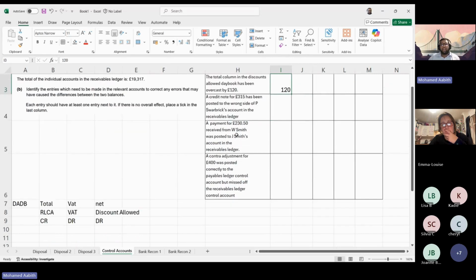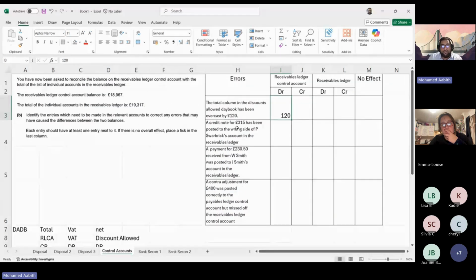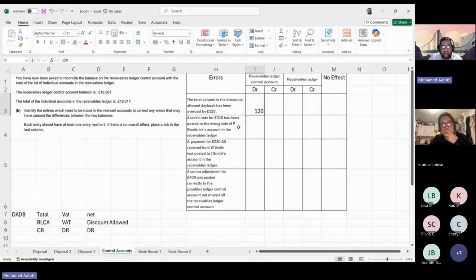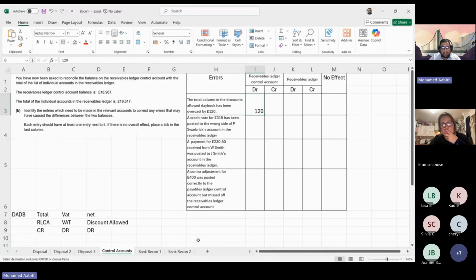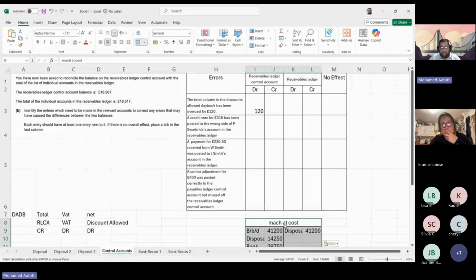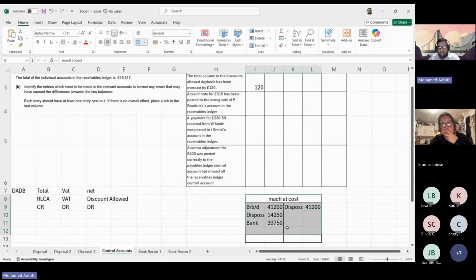Next one, a credit note for 315 pounds has been posted to the wrong side of P. Swarbrick's account in the receivable ledger. So if I'm going to look at a receivable ledger, let's bring up a T account quickly. There you go. Okay, so let's look at that T account.